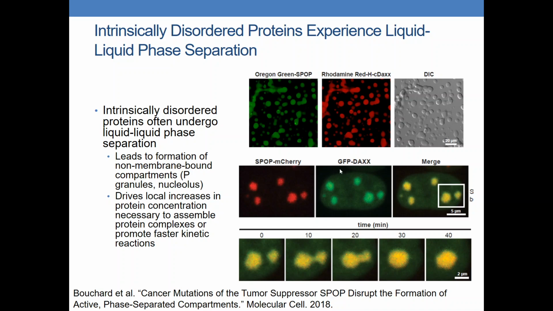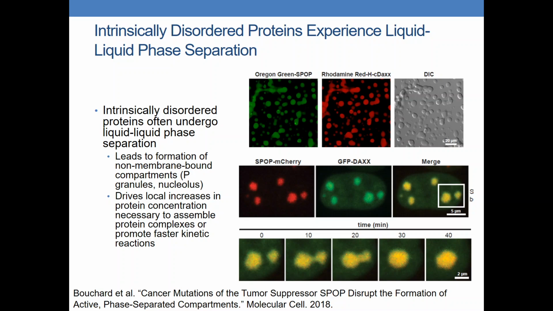DAX has been fused to GFP, and you can see on their own there's these red spots, green spots. But over time, they actually come together and merge and turn yellow. If you look at the time dependence, you'll see two different spots that ultimately fuse together to give you something that is on the order of about 2 microns wide.